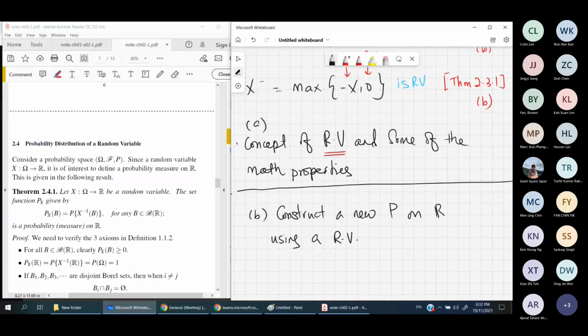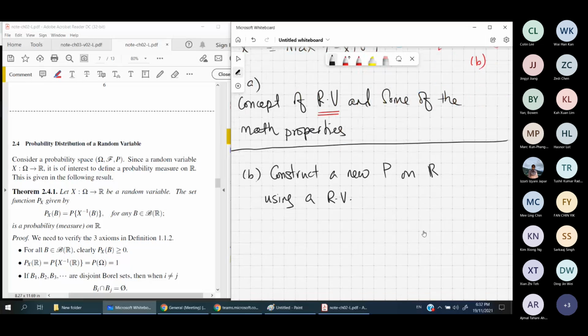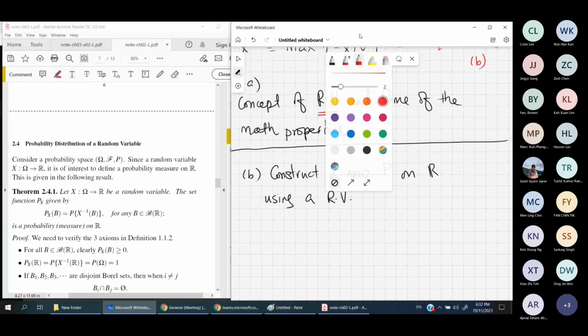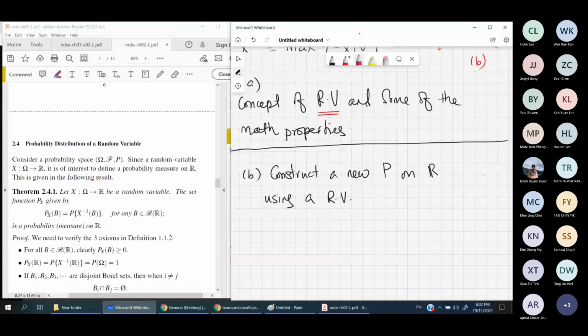This is the topic that we're going to discuss. In fact, the probability that we construct here, you have already seen in your undergraduate statistics course. This is what we so-called call distributions.